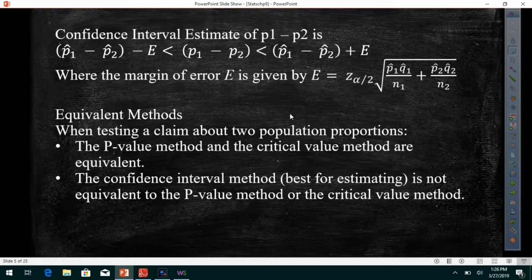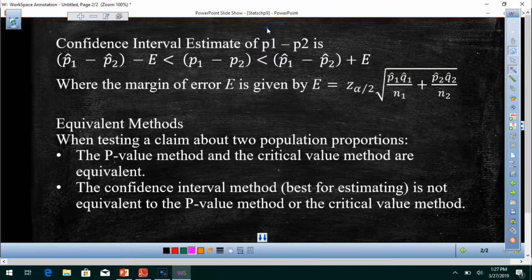Confidence interval. Estimate of P sub 1 minus P sub 2, and that should have been P sub 1 minus P sub 2, and not that way there.